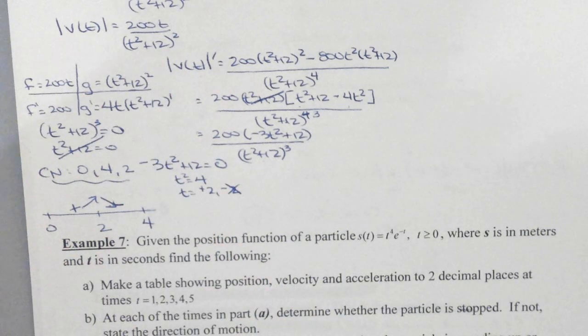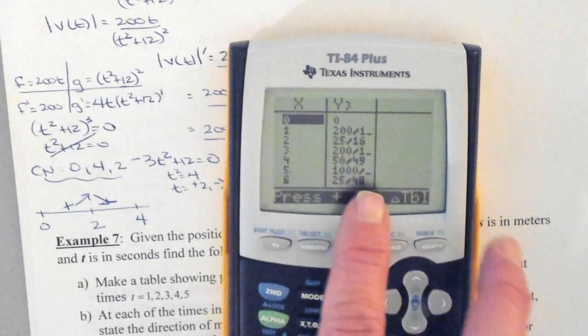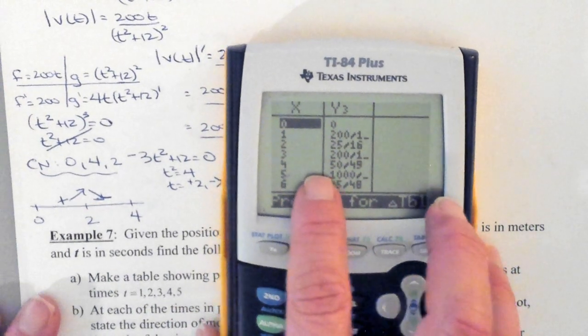Okay, so if I plug in to the speed function, which is 200 over x squared plus 12 squared, let me go into the table. Okay, so here's at time 0. This is just the table, ladies.